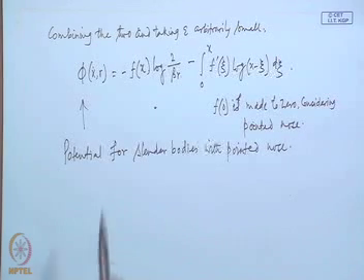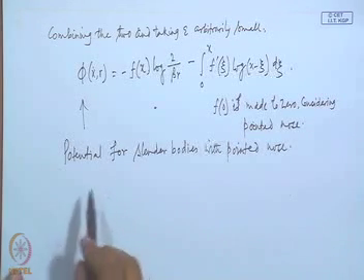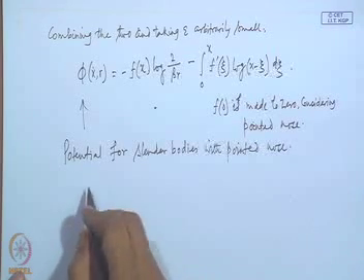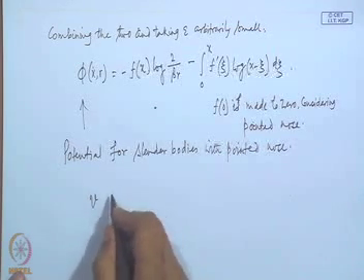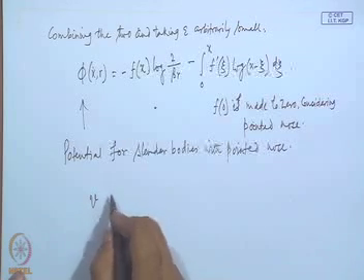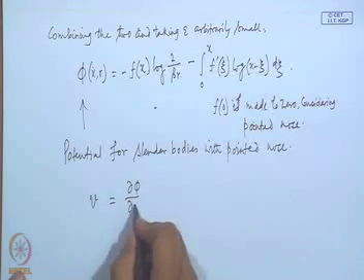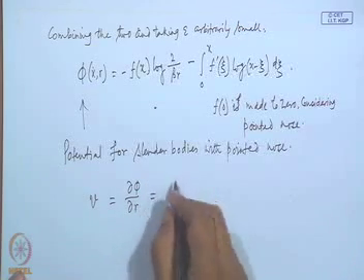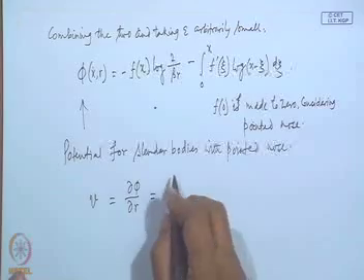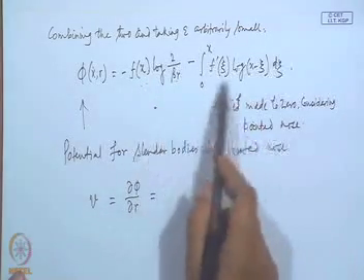Now, we know that this potential function must satisfy the boundary condition. First of all, let us evaluate what is v. The radial component of velocity is obtained as d phi d r, and only the first term here is a function of r.